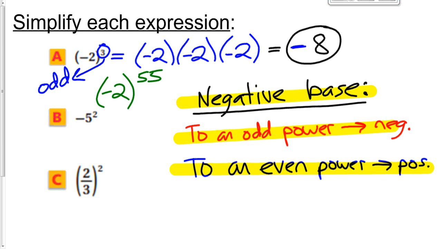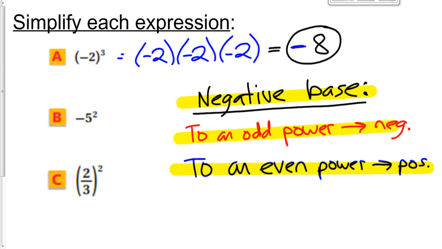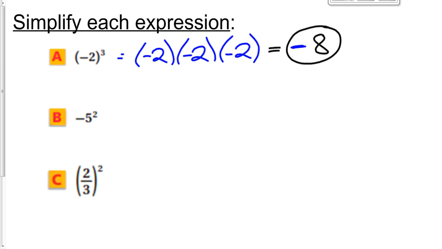Some students would say, well, why can't I just type this whole thing into my calculator? You definitely could. The one thing you have to be careful of, though, is you want to use the parentheses if they are there. The reason is that B says negative 5 to the second power.